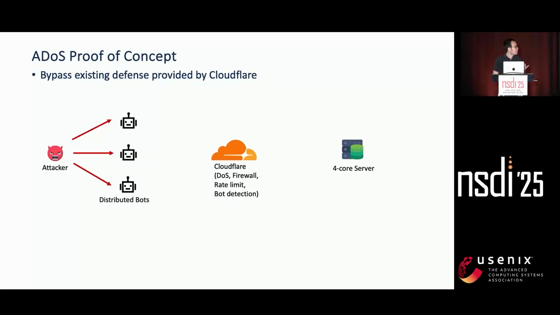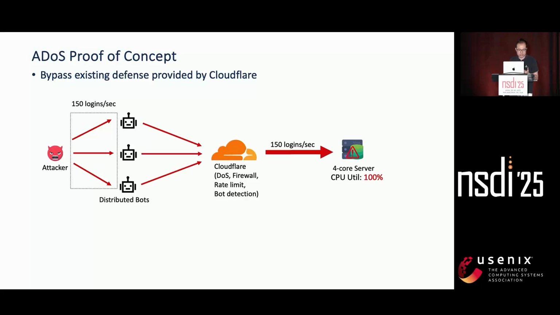We set up an attacker controlling multiple distributed bots, sending a total of 150 logins per second to Cloudflare. We find that all of the login requests bypass Cloudflare and actually reach our web server. Cloudflare does not intercept these requests, and the CPU on the server rises to 100%. The server cannot serve any other network request, so we successfully launched an ADoS attack on our server.